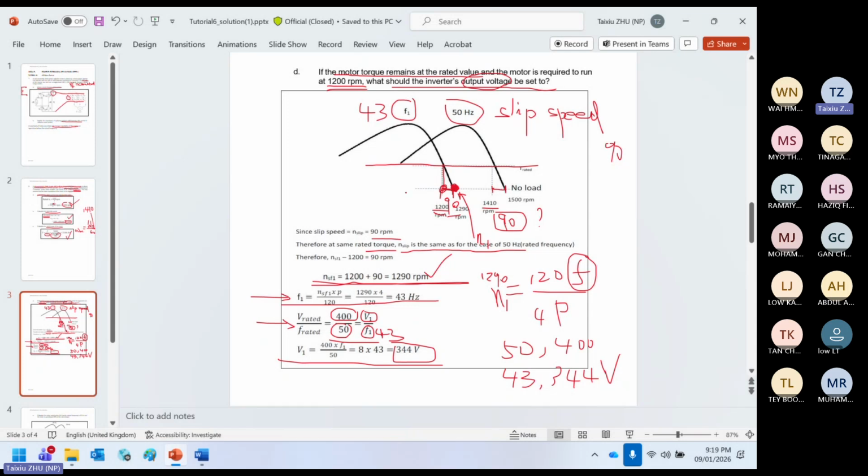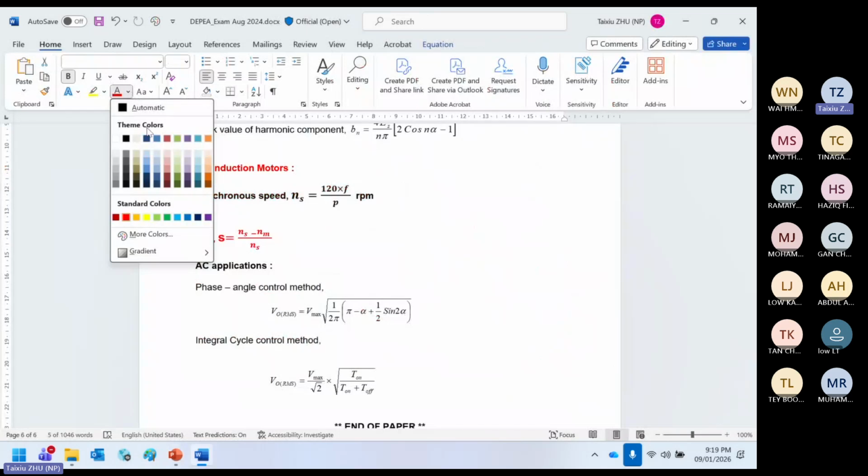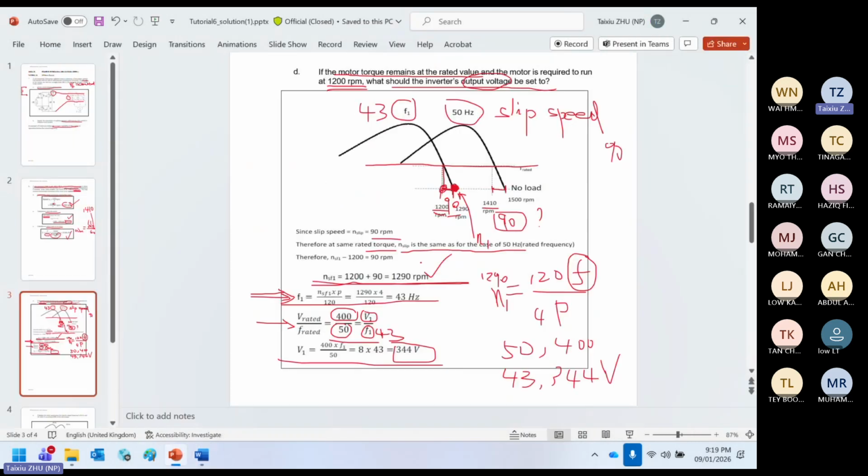That's how we get the synchronous speed. But don't forget, synchronous speed also follows this equation they give you. So you go back, use that one, and you can find the frequency: 43 hertz. So far so good?